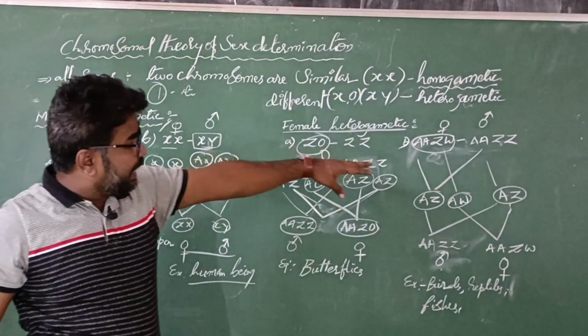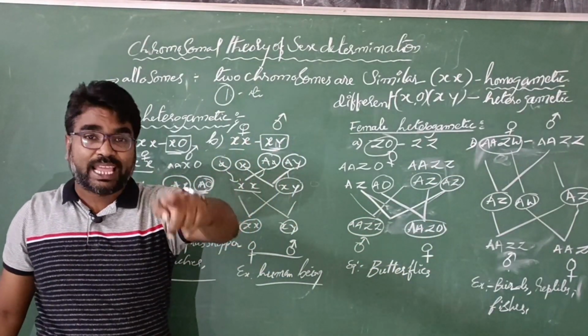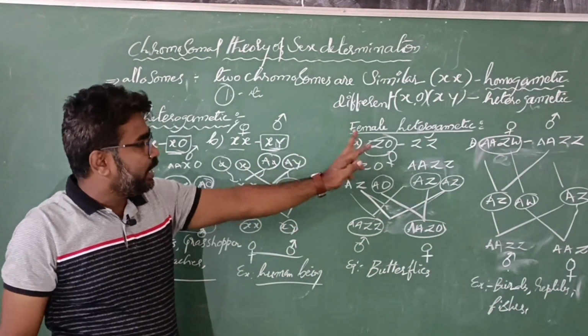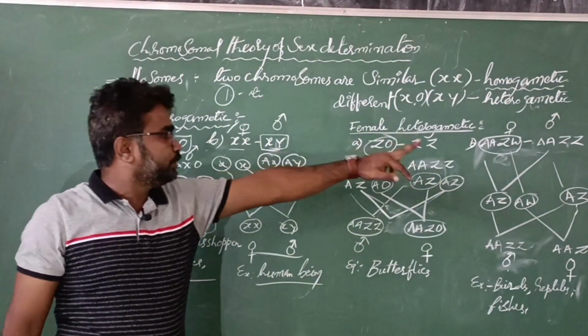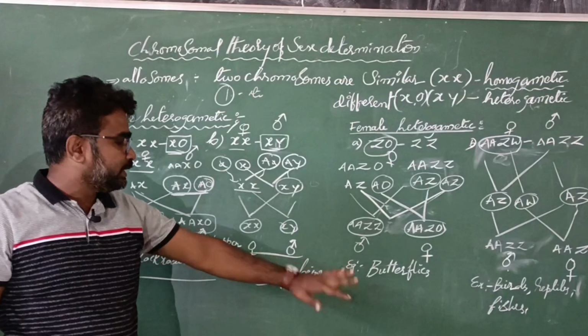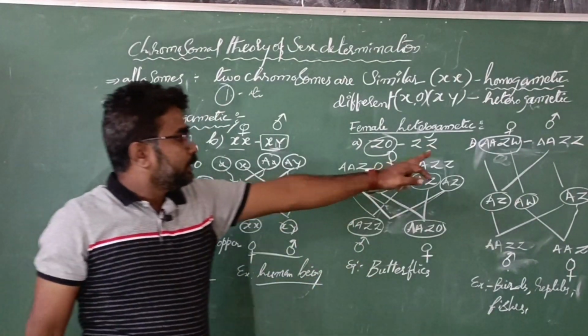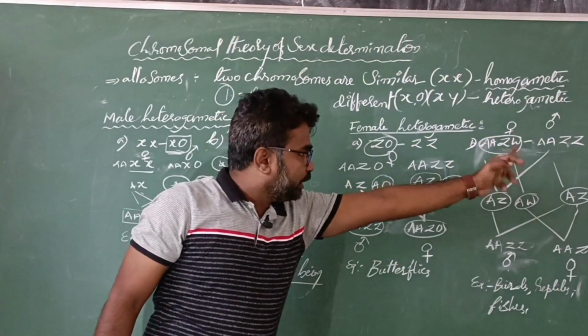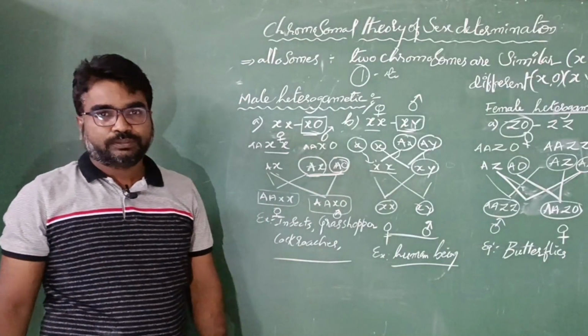Means the female individual can produce different types of gametes, so we call it female heterogametic. ZO, ZZ, we can see in butterflies. ZW, ZZ, we can see in birds, reptiles, and fishes.